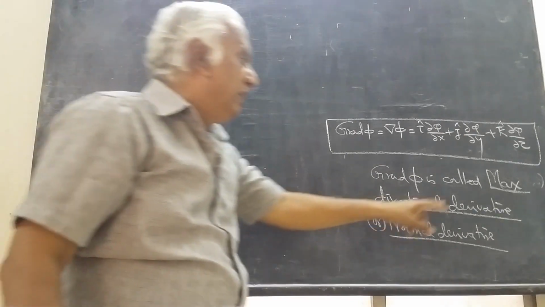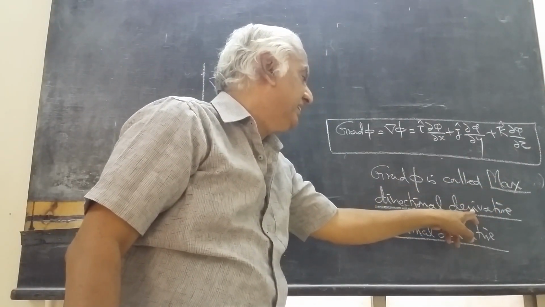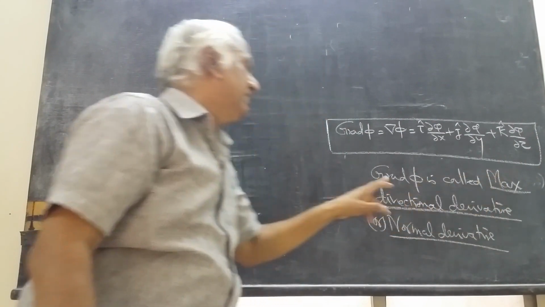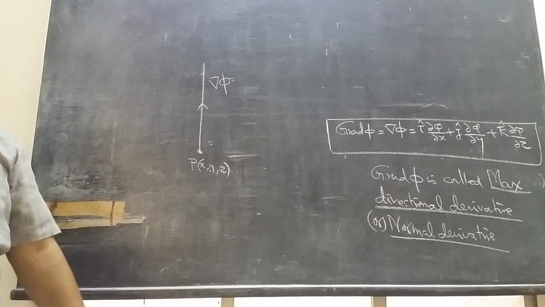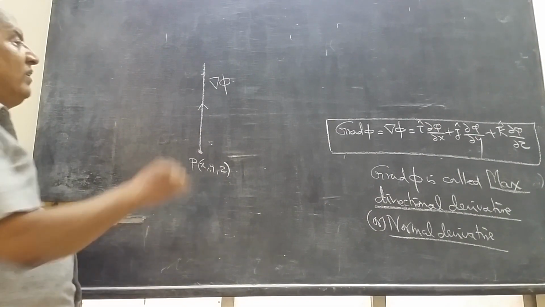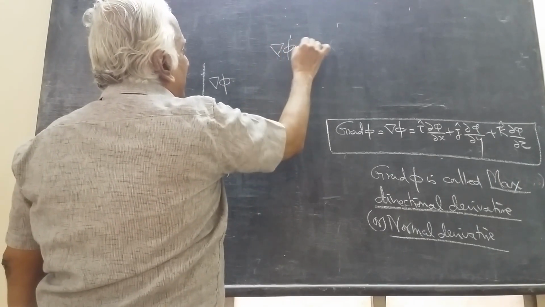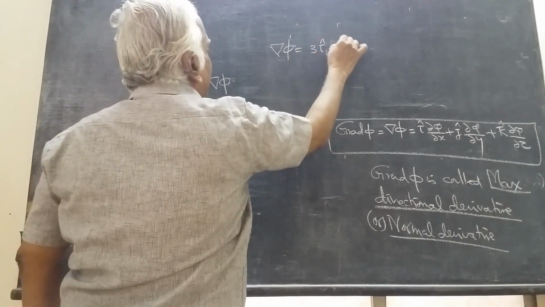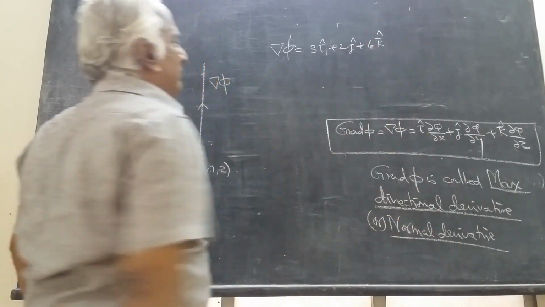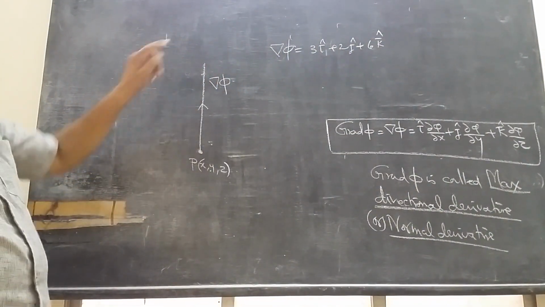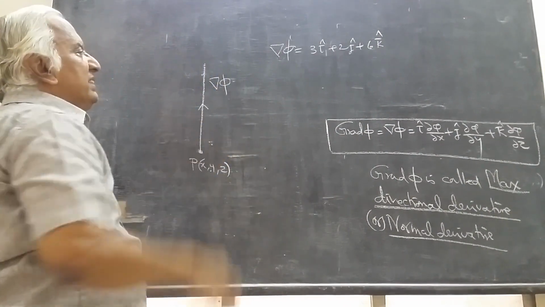That is the maximum directional derivative, the rate of change, which is maximum in this direction. What is the magnitude? Suppose del phi is 3i plus 2j plus 6k. In that direction the function increases maximum.